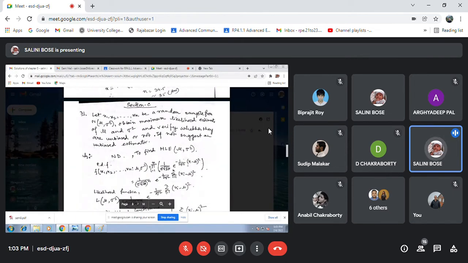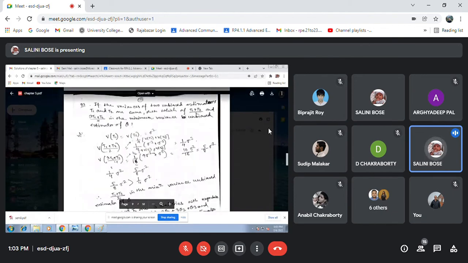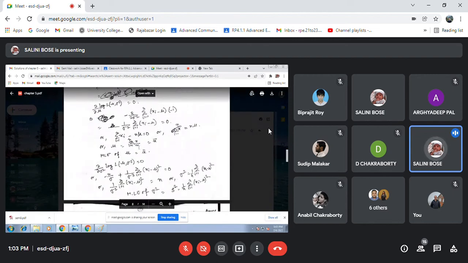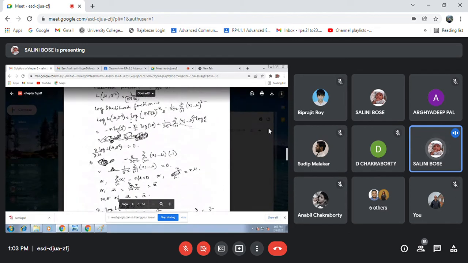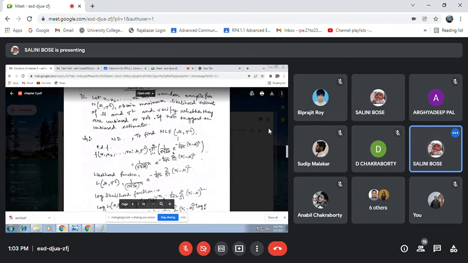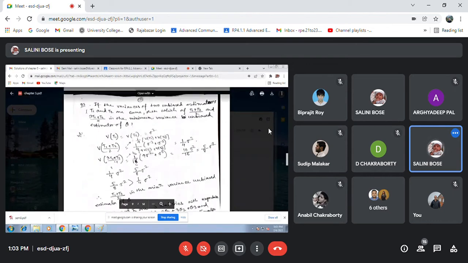So different types of questions are solved here. Let me check another type of question. I'm not showing those here because they are the derivation of equations, which is already done in the theoretical part. So I'm going for problem solutions.